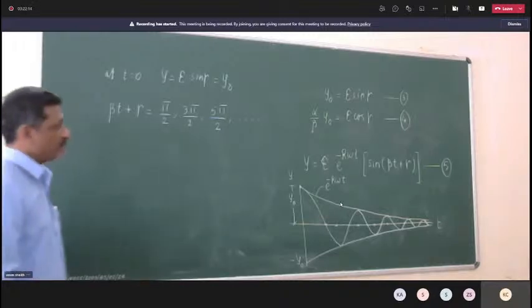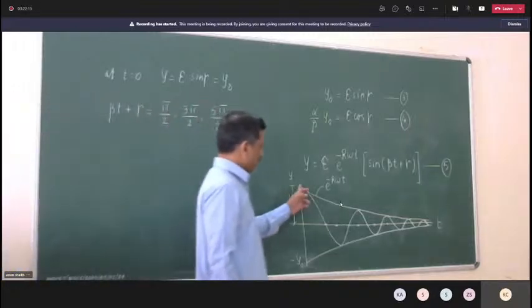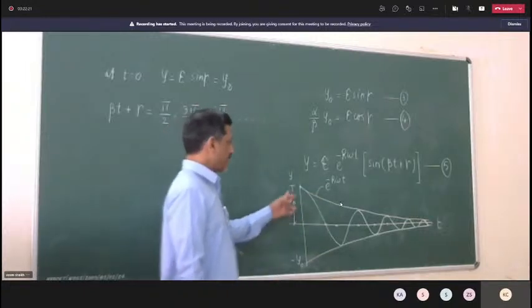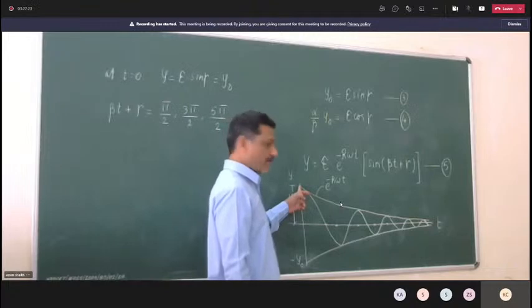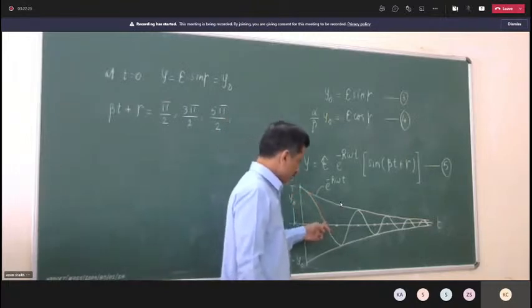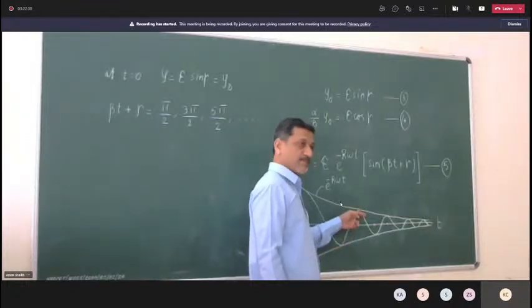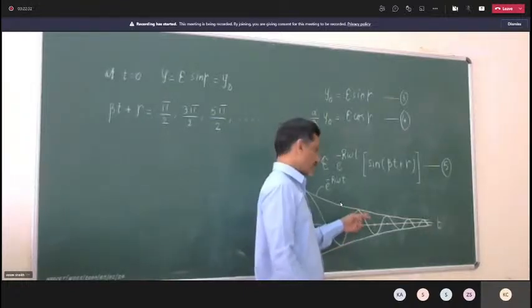And now let us identify the first cycle of vibration from this graph. System is starting from the positive extreme, going to the negative extreme, and then coming to the positive extreme. This is the first cycle.